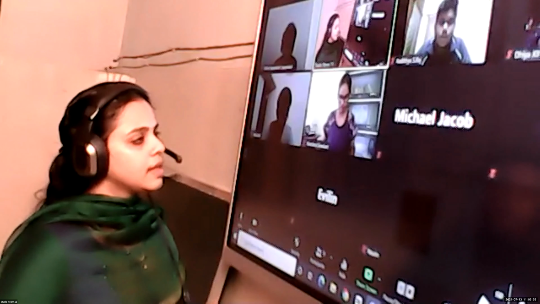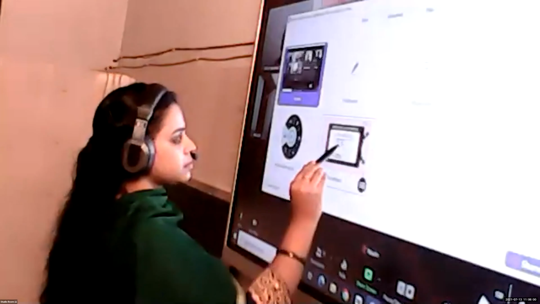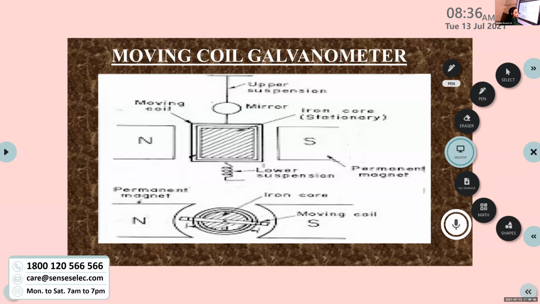So let us see the construction and working of moving coil galvanometer. All of you write the next heading: construction and working of moving coil galvanometer.